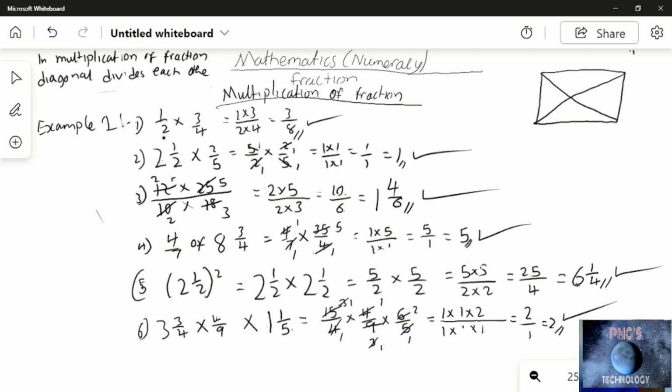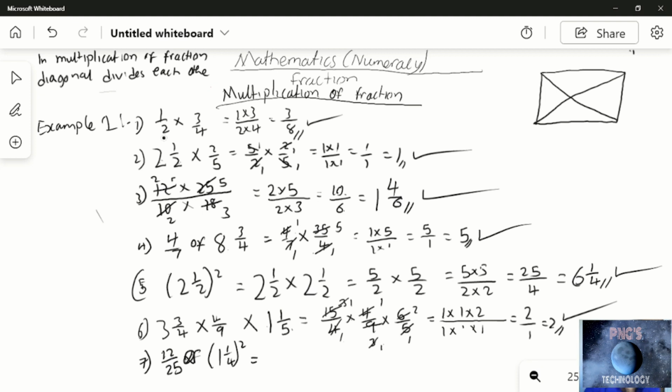So let's take our final example, which is example 7. We have 12 over 25 times, of, in bracket 1 whole number 1 over 4, all squared.